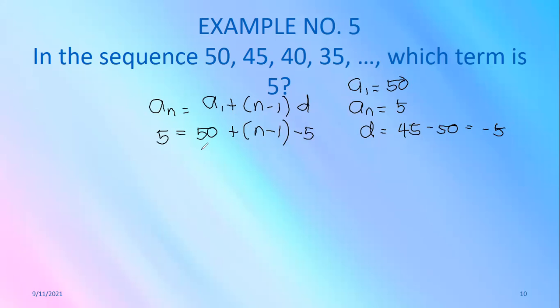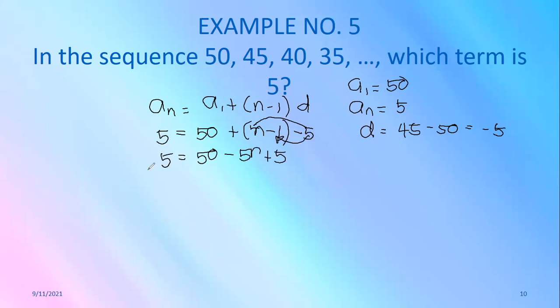So we have 5 equals 50. We distribute -5 multiplied by positive n, that's negative 5n. How about -5 multiplied by -1, that's positive 5.